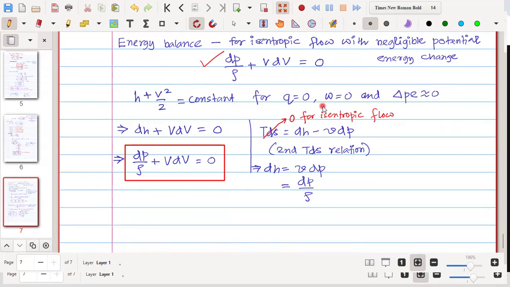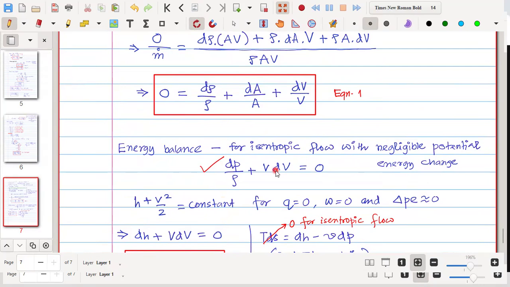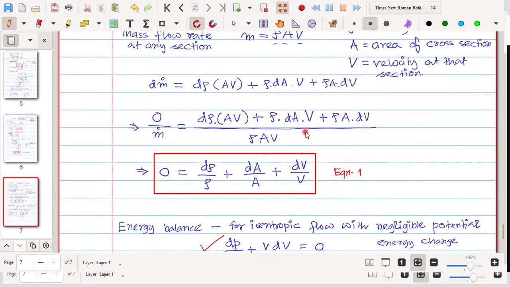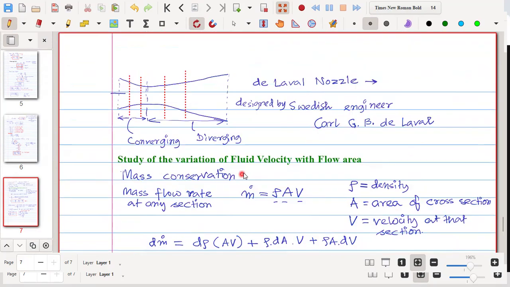Okay. Now, I have just mentioned that I started discussing this isentropic flow along one dimensional condition, that is one dimensional isentropic flow.